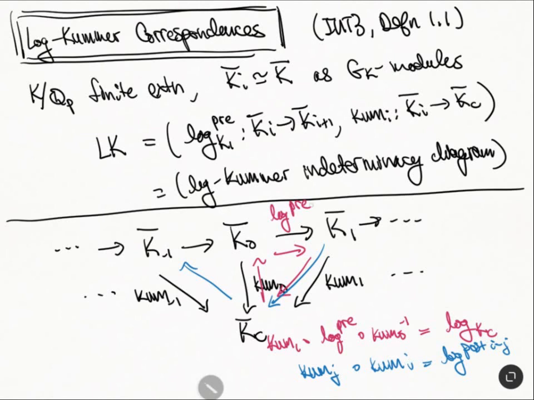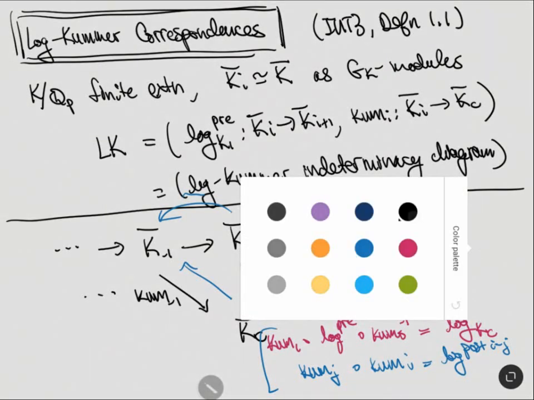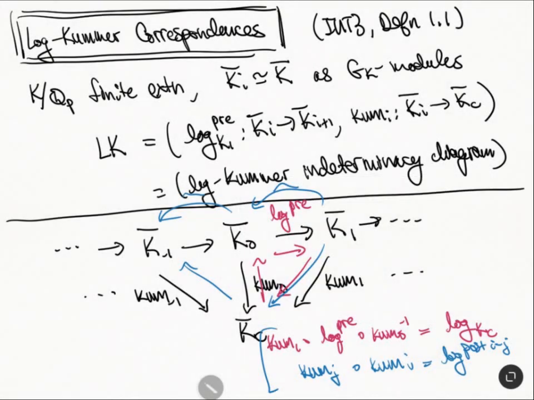What it does is this other map, where these are all isomorphisms, and it iterates that a number of times. So we have these two formulas that come from just the way these maps are defined. They're almost cooked up for this to happen. So this is our first Log-Kummer correspondence.